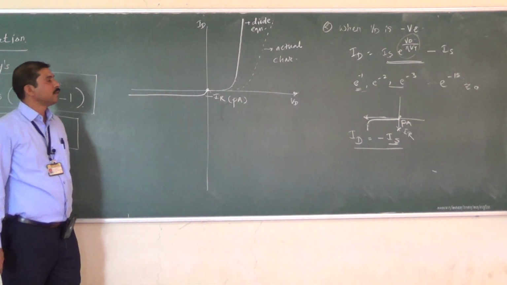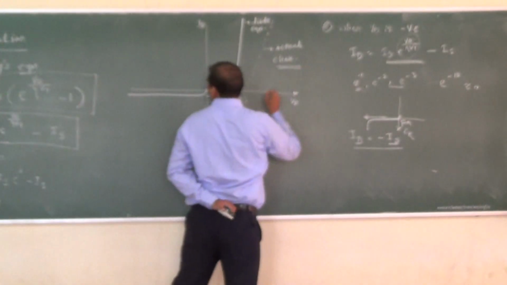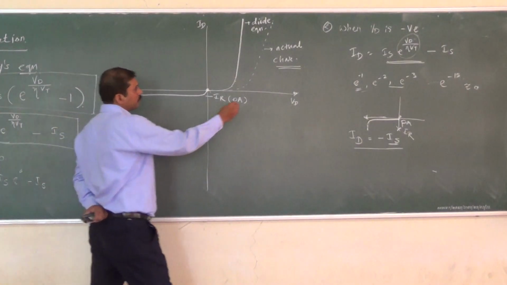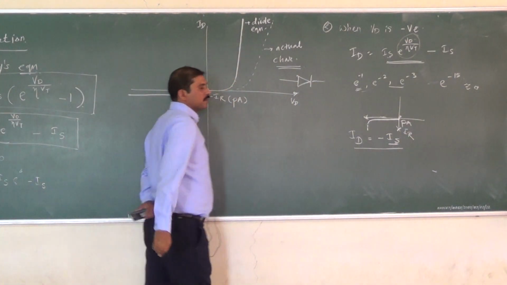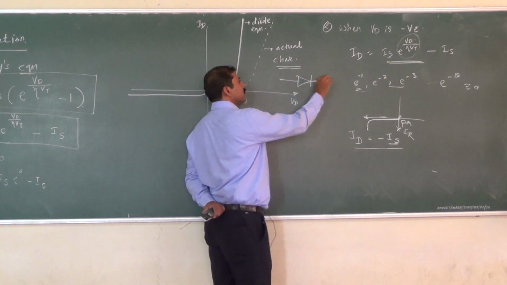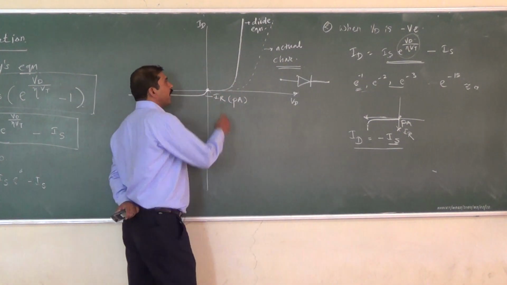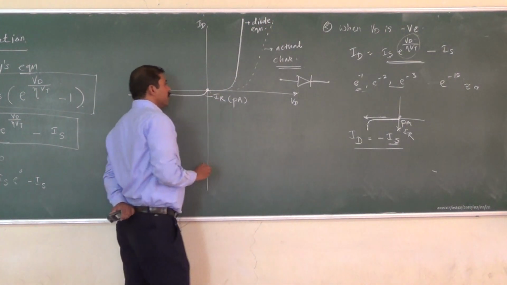Why is it so? It is because we have not considered the diode internal resistance and the resistance of the terminals. They are definitely going to add, and you don't get a sharp line but like this.